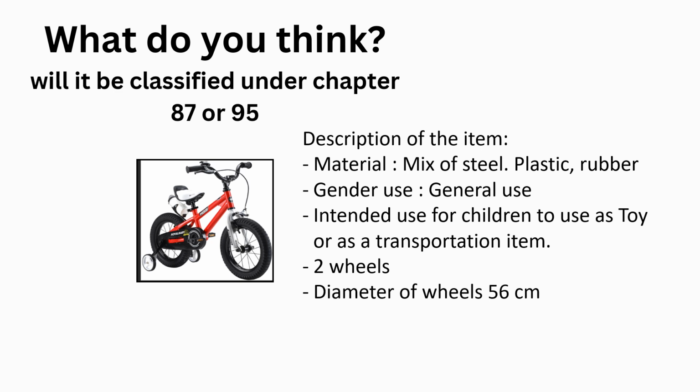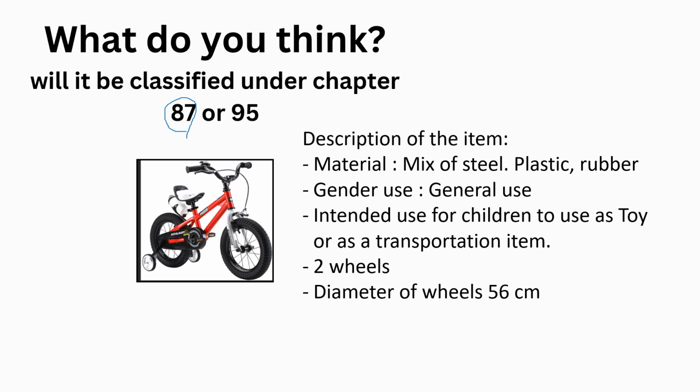But this time it has 2 wheels, and now they've given me the diameter of the wheels, 56 centimeters. But I already read the chapter notes, and it did say that bicycles, because this is a bicycle, has 2 wheels, is classified under chapter 87.